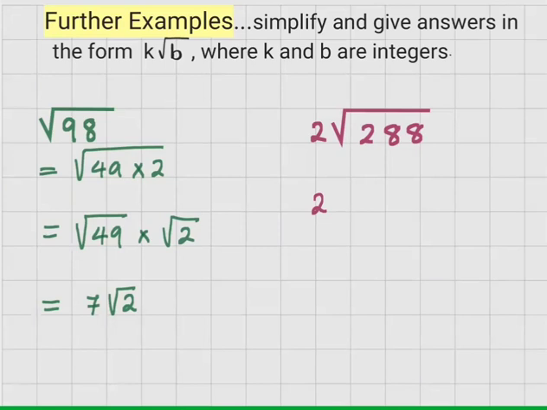So taking a look at 288, we can rewrite 288 as a product of 144 multiplied by 2. These are not the only numbers that multiply to give us 288, but remember, we are looking specifically for those numbers where one of them is a prime and the other one is a square number. And 144 is a square number, 2 is a prime number.